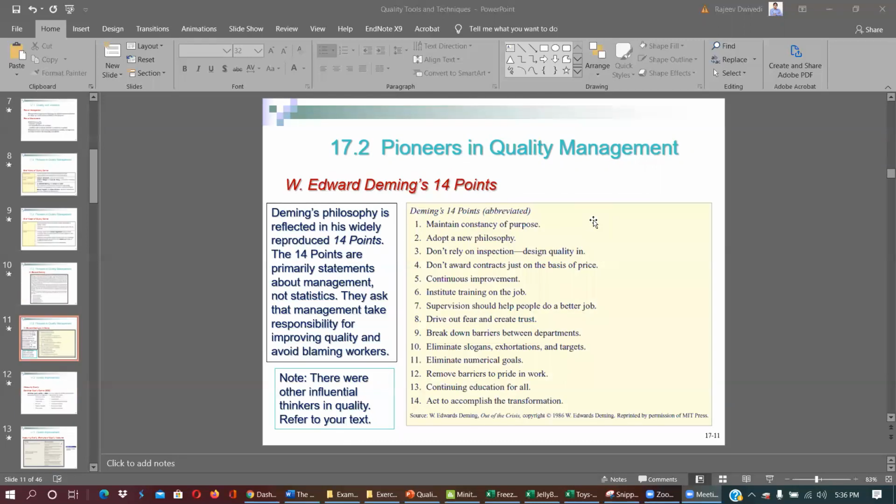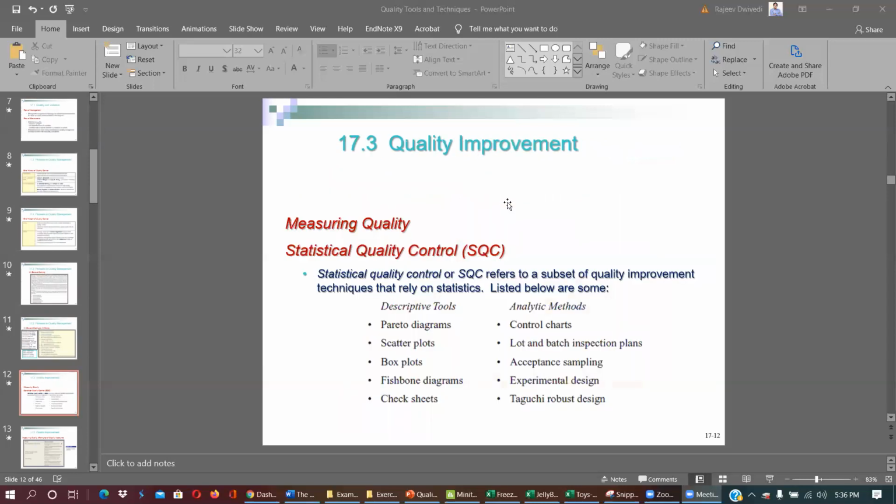These are the other points that you can go through. Basically you need to read. I'm not giving the lecture, I'm just going to start with the main things from these slides. There are a few descriptive tools: Pareto diagram, scatter plots, box plots, fishbone diagram, check sheet. These are the descriptive tools to control the quality.